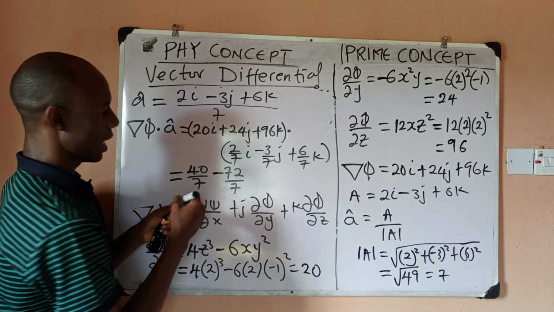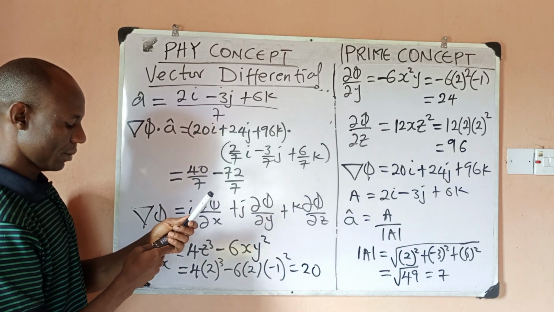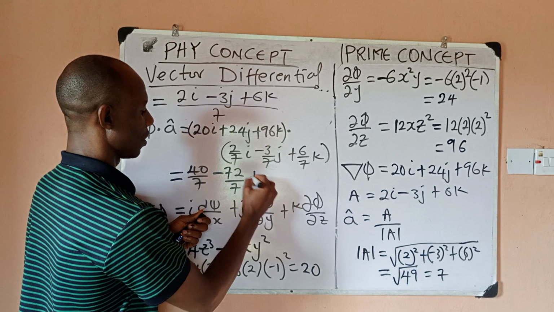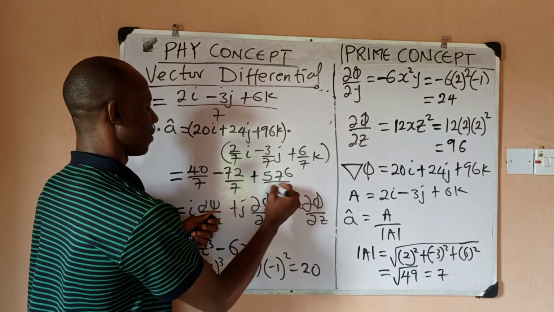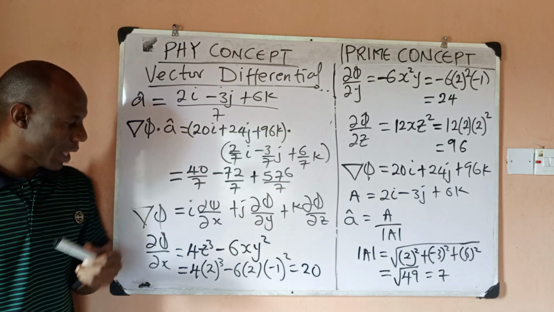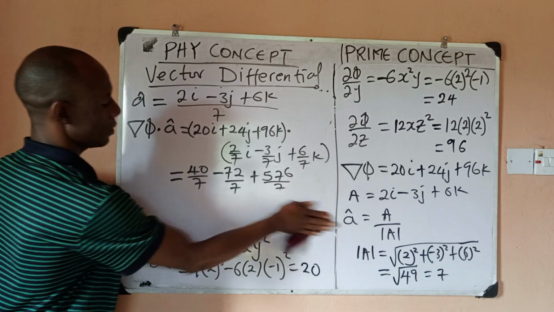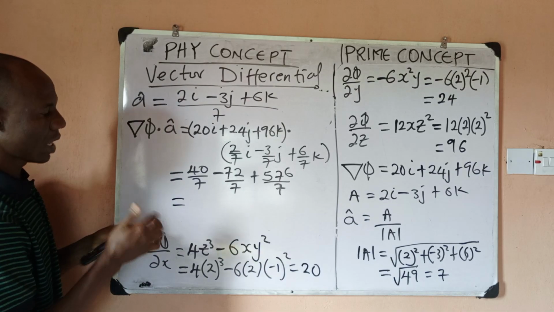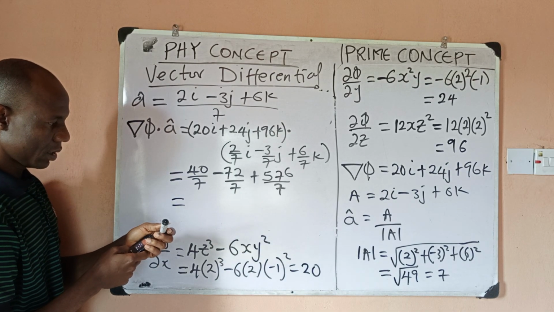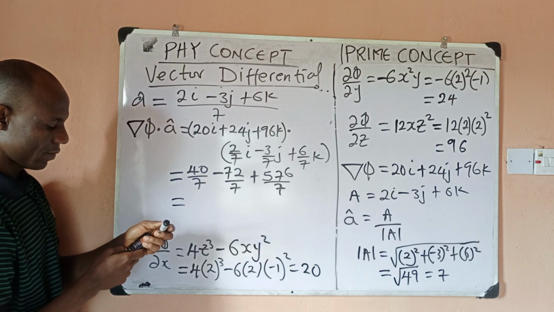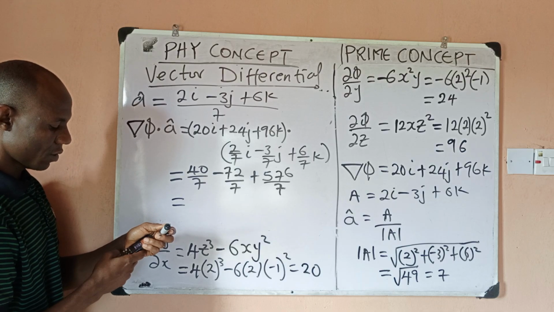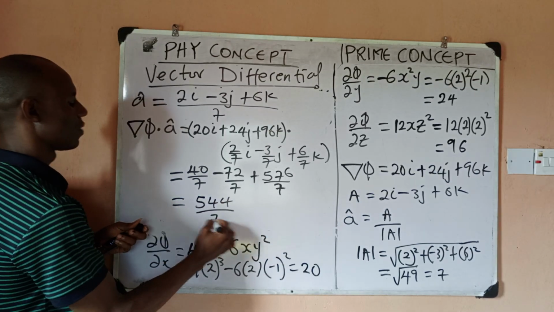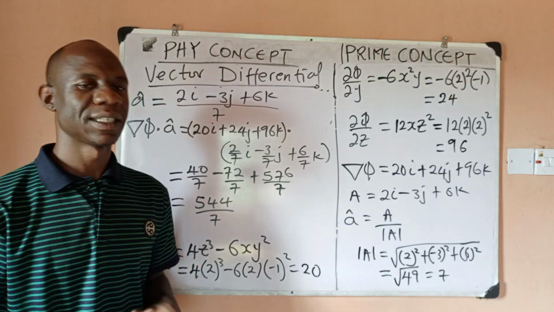Then I'll say 96 times 6 over 7, which is plus 576 over 7. So I'm going to add them up now. If I add them up, I would have 40 minus 72 plus 576, so I have 544 over 7. So this is what I have as the answer to this question.